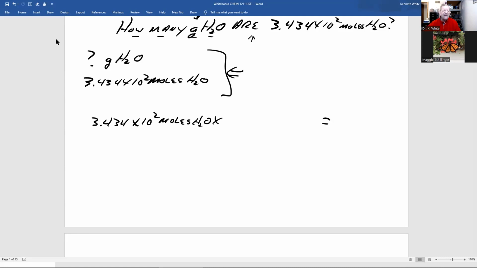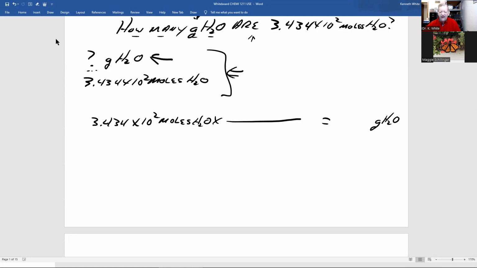And what units do I want my answer to be in? Well, we took the time to figure it out. That's why I put a question mark there. We're trying to get grams of water.